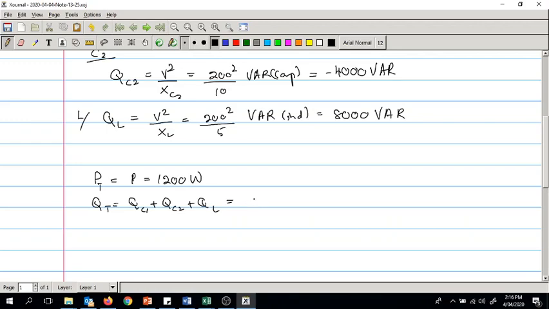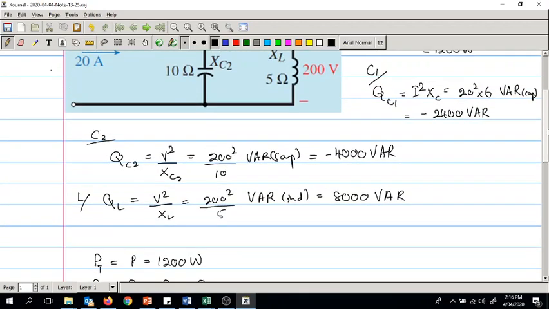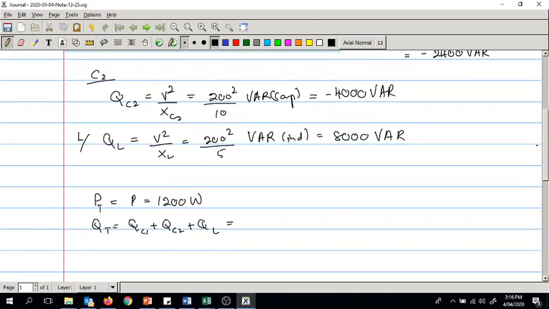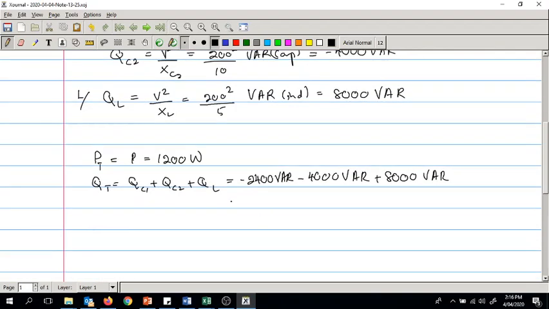I'm using that second technique that I was telling you. So this is minus 2400 VAR, minus 4000 VAR, plus 8000 VAR.